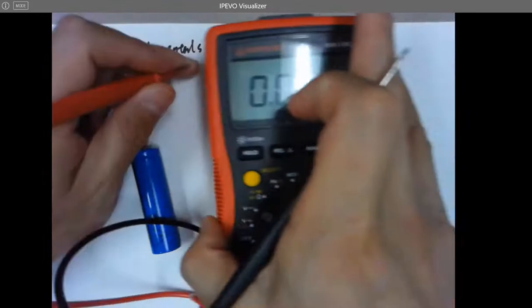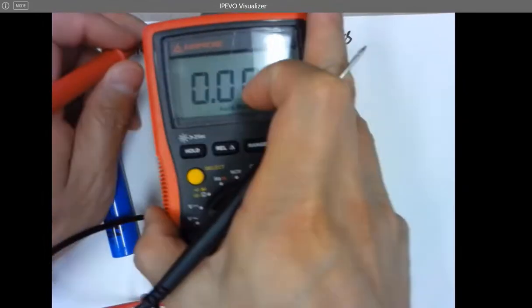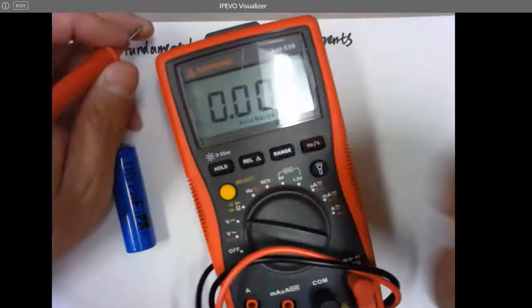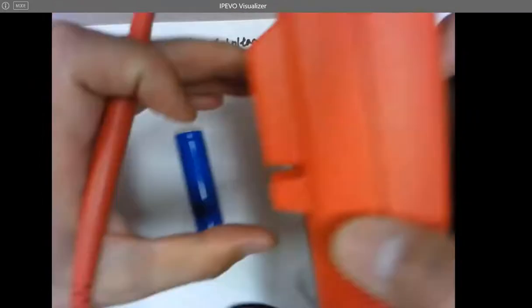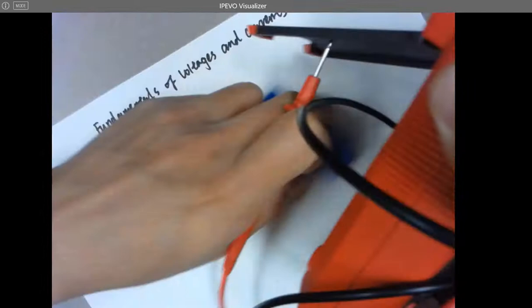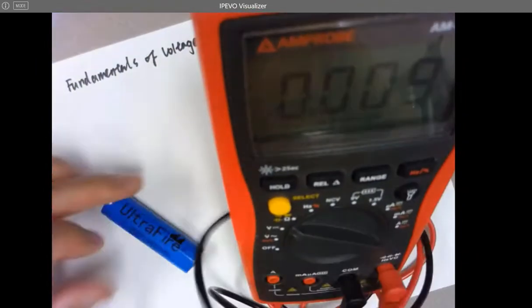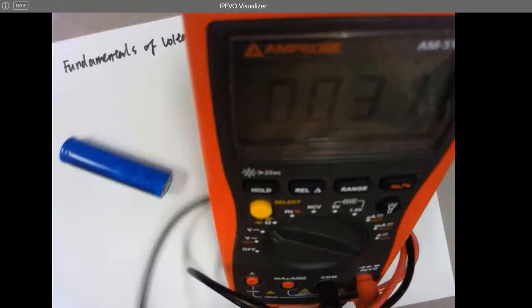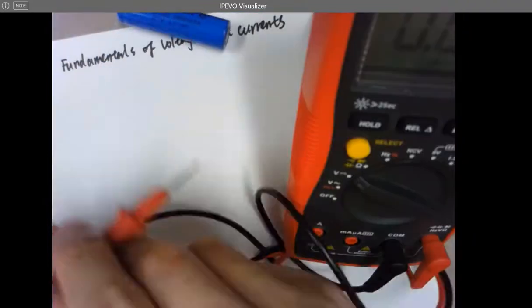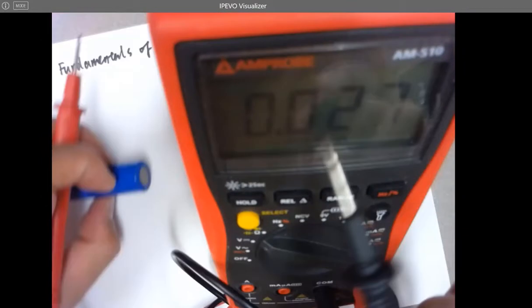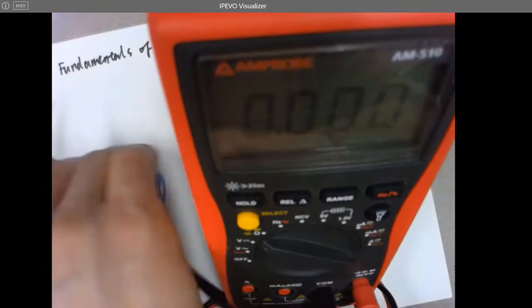So you want to look at this LCD monitor. Sorry about the light. I hope you can see it. So let me give a little angle here so it's easier to tell. So I'm gonna probe the two terminals of the battery, and you will let me know what you are going to see from this LCD monitor. Okay, let's take a look.